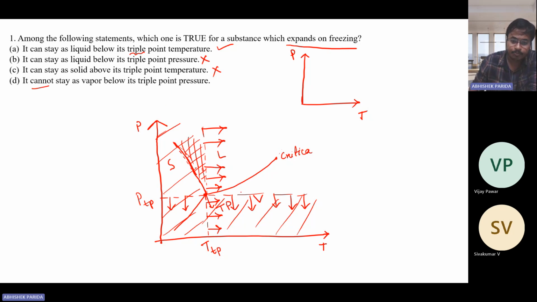So we can find that this is the region where vapor is there. This is the vapor region. This is vapor. This is liquid. So it can exist. So even D is wrong. So the correct answer is A.